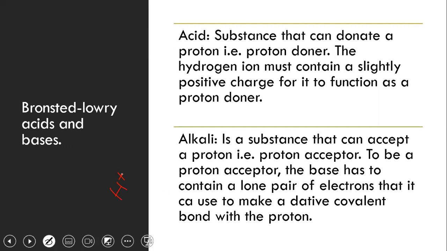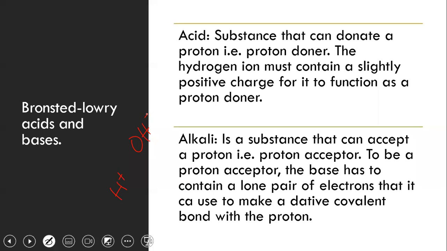For a substance to be able to accept protons, it needs to have a lone pair of electrons that it can use to make a dative covalent bond. For example, we have the hydroxide ion.